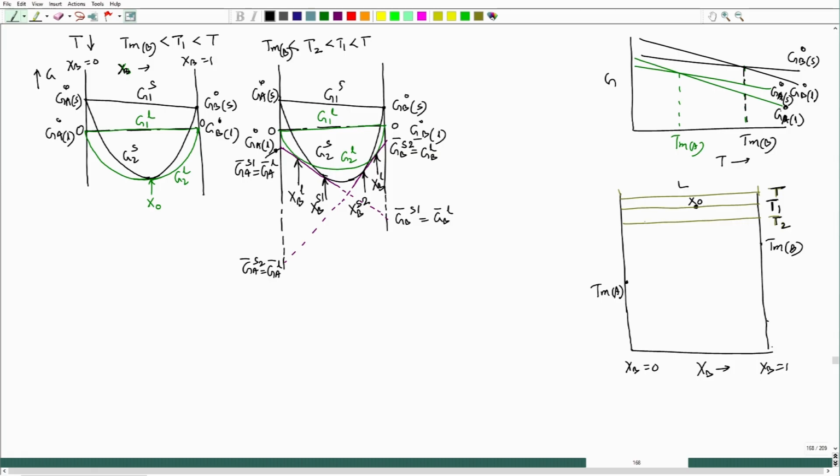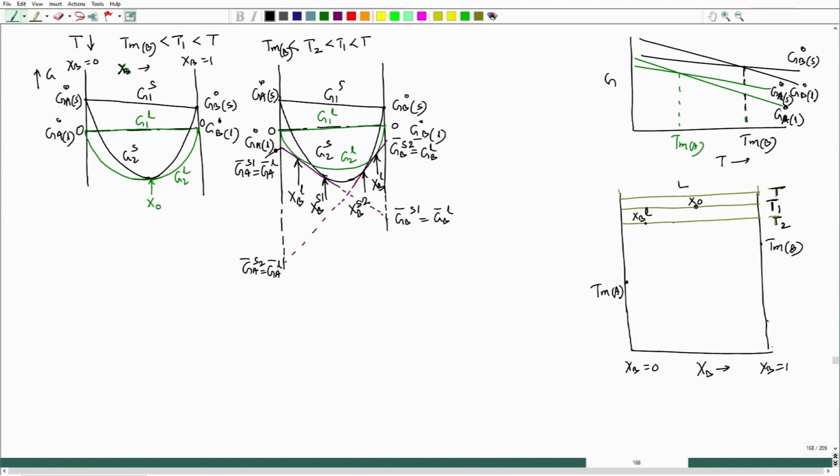So, this is one composition which is XBS1, XBS2, and on the other side not S, this should be liquid.